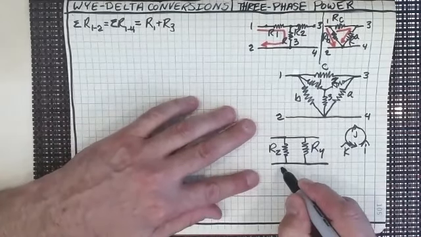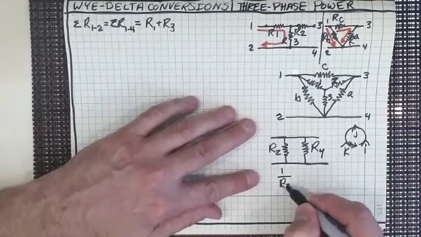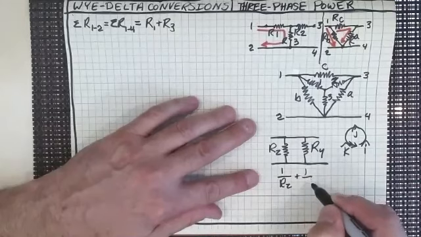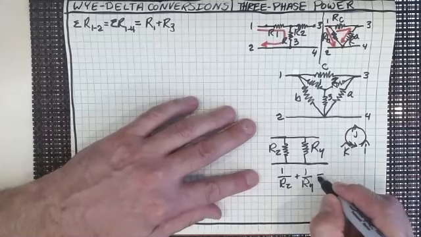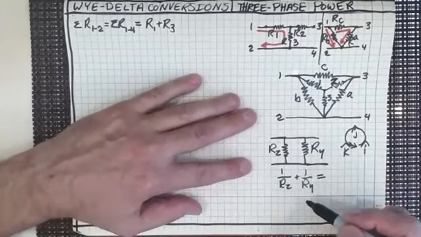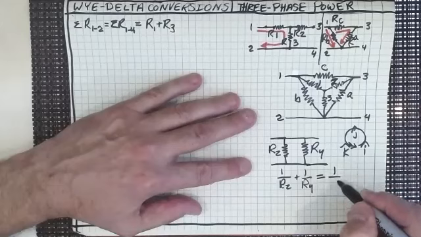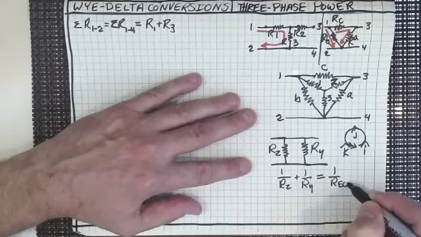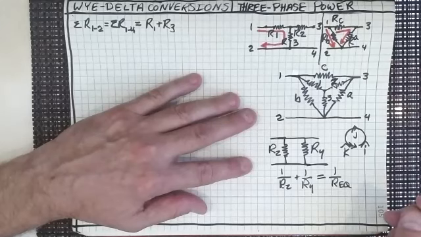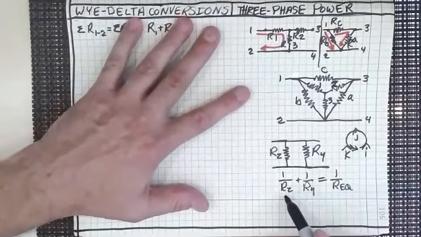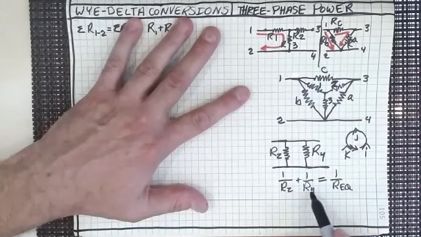All right, so we've got two resistors in parallel. How would I find those? Well, that would be 1 over R sub z plus 1 over R sub y, and that would equal 1 over R equivalent, right? Well, I can't really add these two together because they don't have common denominators, do they?